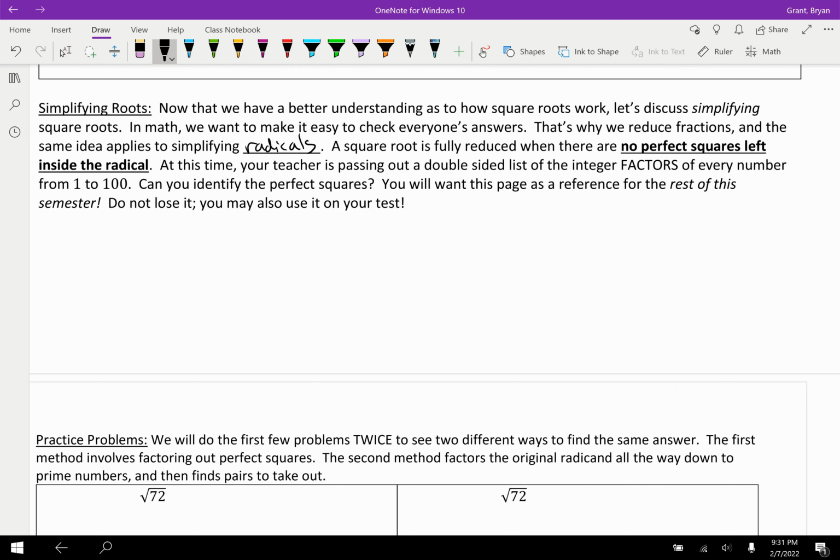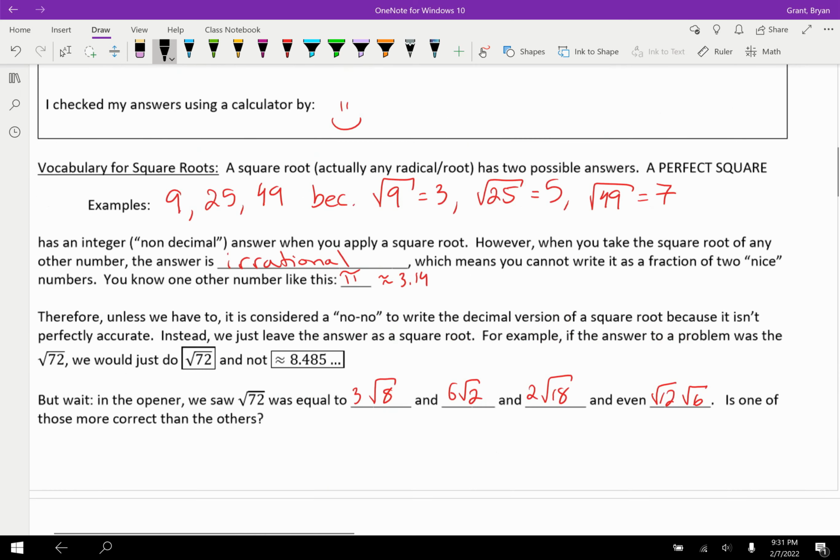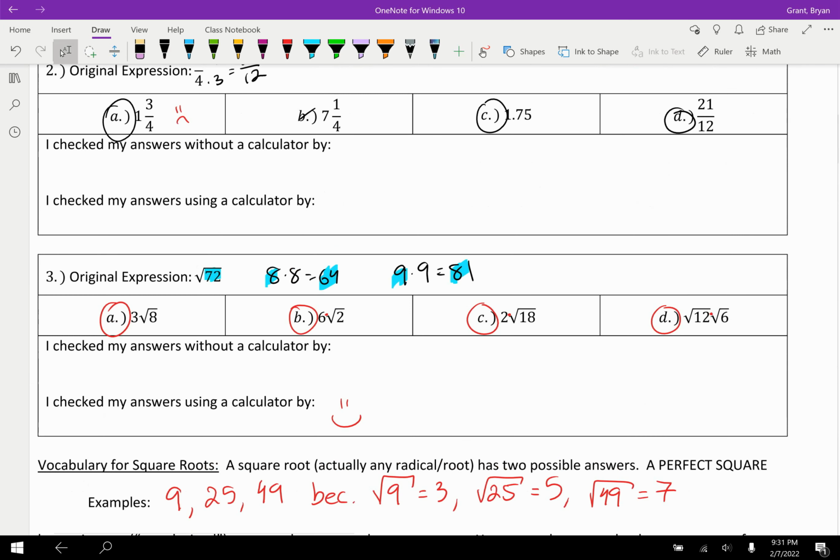I will tell you before we jump on to the next part, there was another reason that people used to reduce square roots. That was before calculators though, and the idea was you wanted to make, and we'll take a look back on this first page, you wanted to make the number inside the square root as small as possible. So as we look at these options here, there's an 8 inside, a 2 inside, an 18, and a 12 and a 6.